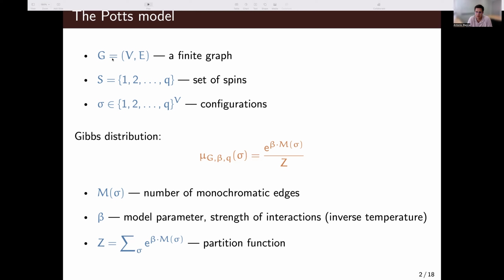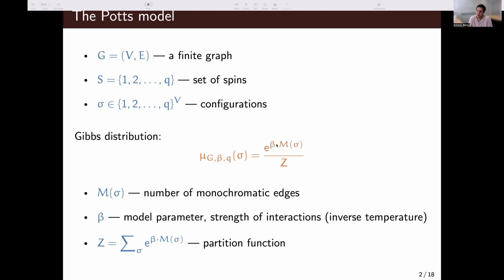So every vertex will receive a color from 1 through Q, and the coloring of all the vertices is a configuration. In this model, every configuration receives a probability that is proportional to a weight, and the weight is given by this expression here, that is e to the beta times the number of monochromatic edges in the configuration.